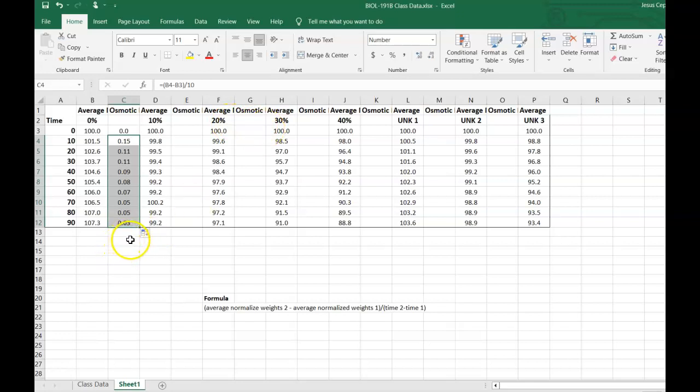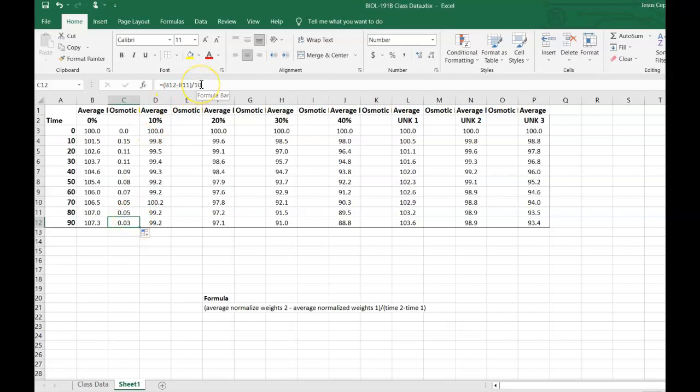It's easier if you do it in Excel because that way you only have to solve it once and then you just drag that answer down and it'll solve it for the rest. If you want to make sure that it applied the correct formula, you can just click on one of the values. Let's say I wanted to see how this number was calculated at the 90-minute mark.